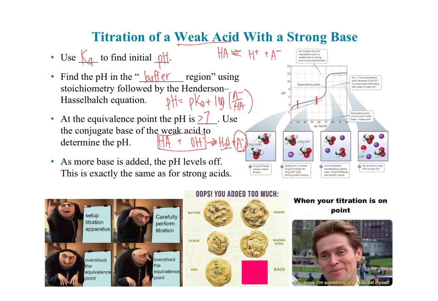So because I just have a conjugate base, I'm going to have a basic solution. So here I'm going to use the pKb of my conjugate base to figure out my equivalence point pH. And then if I add more base, then I'm basically just going to have a strong base added at that point. So that's what it will be related to. If I have a strong acid with a weak base, similar process, but it will be flipped.